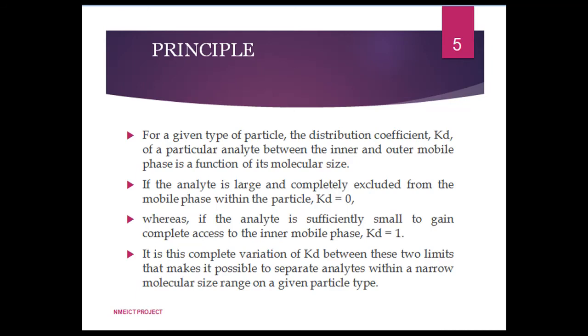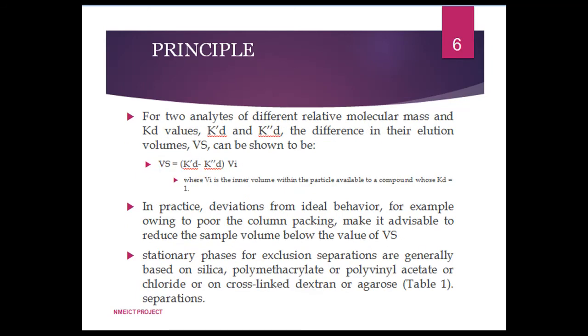For example, for 2 analytes of different relative molecular mass, their Kd values are Kd1 and Kd2. The difference in the elution volume, delta Ve, can be shown as the difference of their partition coefficients, Kd1 minus Kd2, multiplied by Vi, where Vi is the inner volume within the particle available to a compound whose Kd is equal to 1.